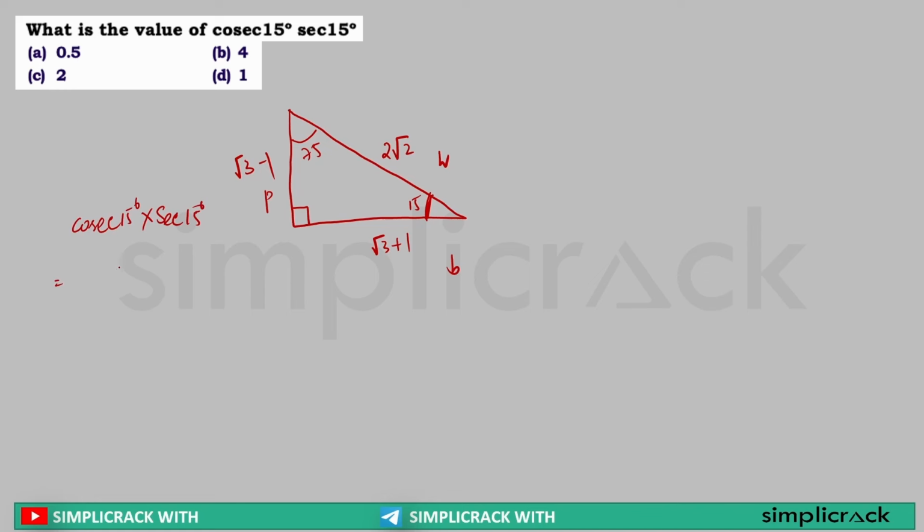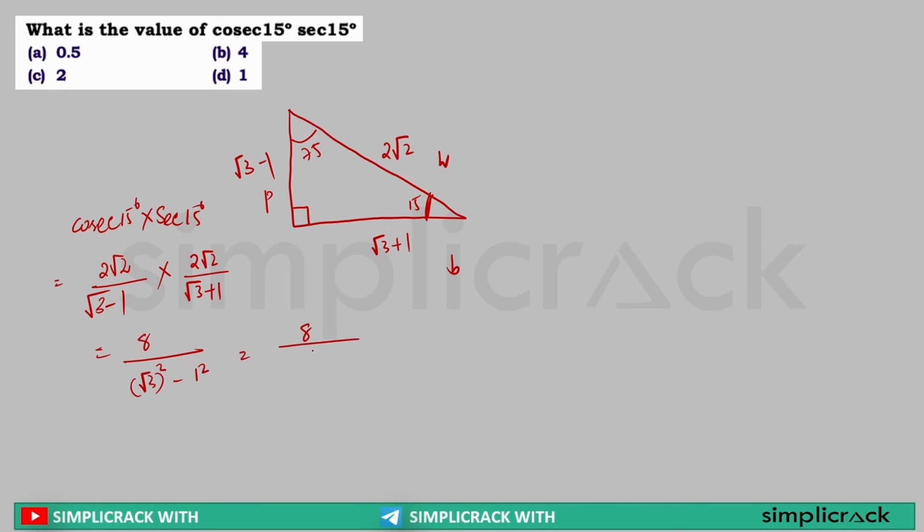That means 2 root 2 by root 3 minus 1 multiplied by sec 15, which is H by B, that is 2 root 2 by root 3 plus 1. Sir, 2 root 2 and 2 root 2 is equal to 8, because 2 2s are 4, root 2 root 2 is 2, divided by a minus b, a plus b. So it will be a square minus b square.